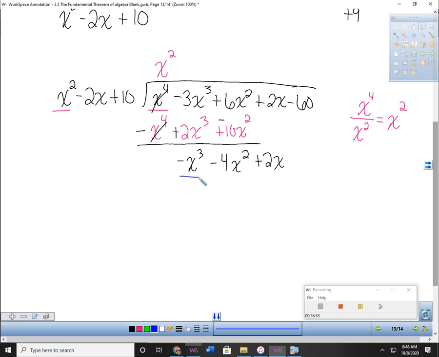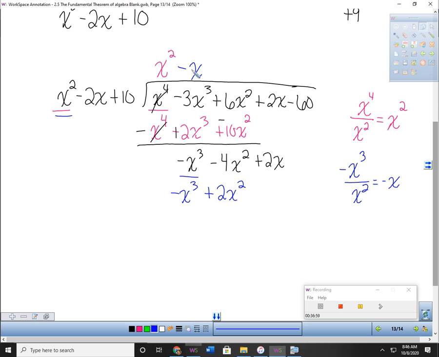Negative x cubed divided by x squared gives me a negative x. And then we multiply. Negative x times x squared is negative x cubed. Negative x times negative 2x is positive 2x squared.